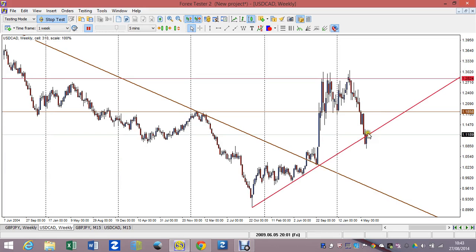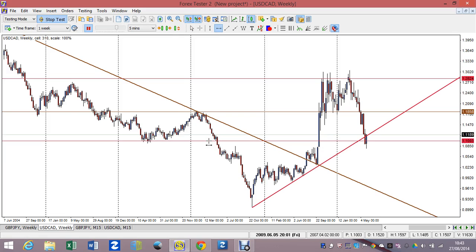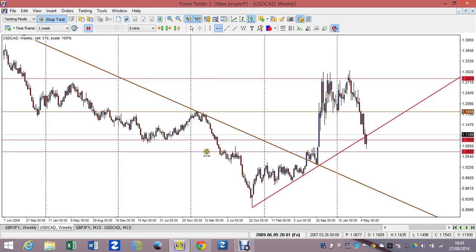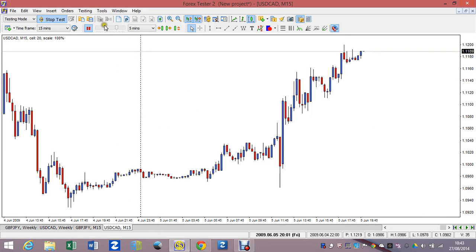Didn't quite engulf that, but we do have rejection of these lower levels there, which ties in with these wicks up here. There was also basing around this level here, so there is support within this zone. I think this could be worthwhile looking at for a long.